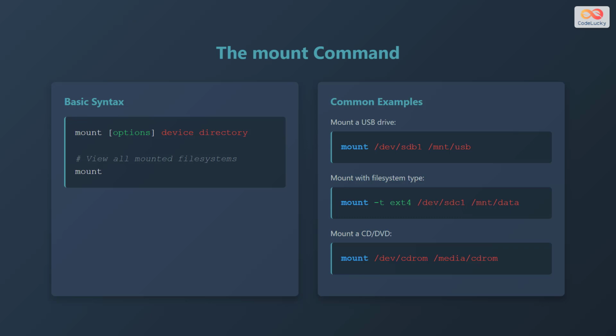To mount with file system type, use the command mount -t ext4 /dev/sdc1 /mnt/data. To mount a CD or DVD, use the command mount /dev/cdrom /media/cdrom.